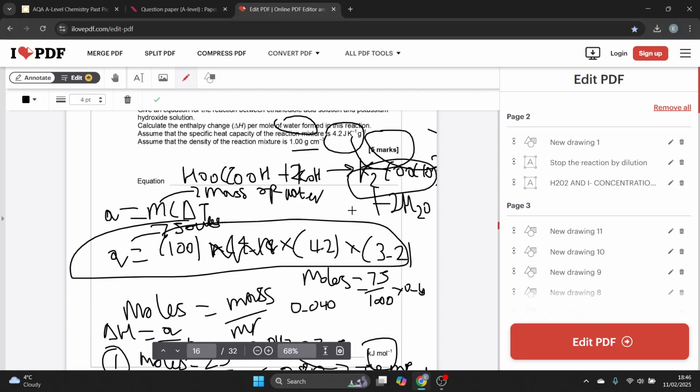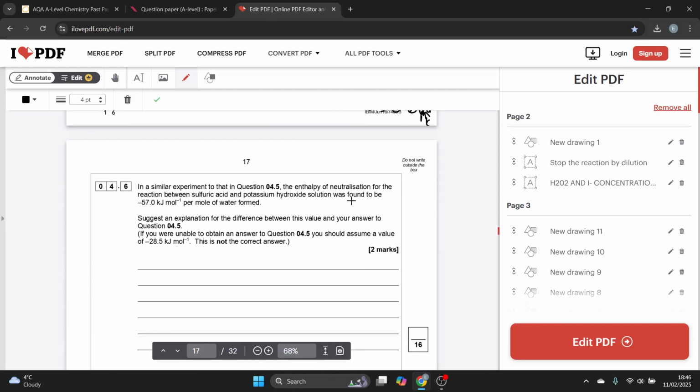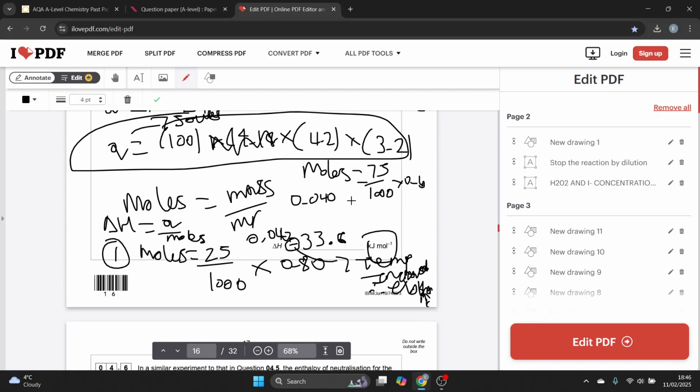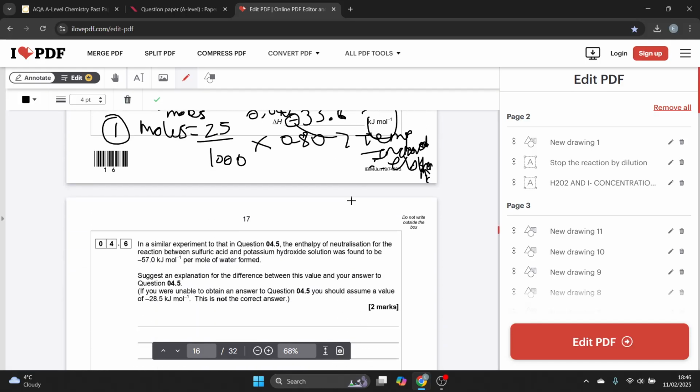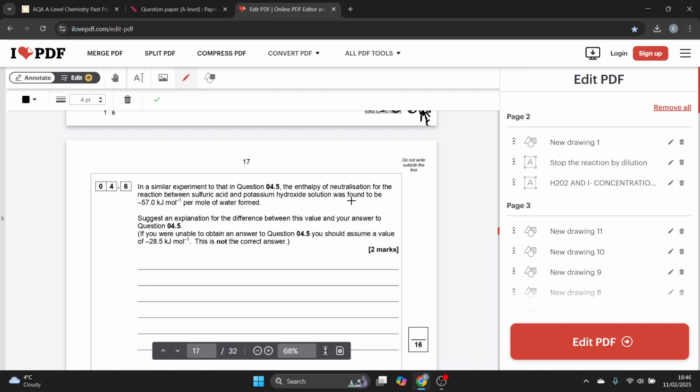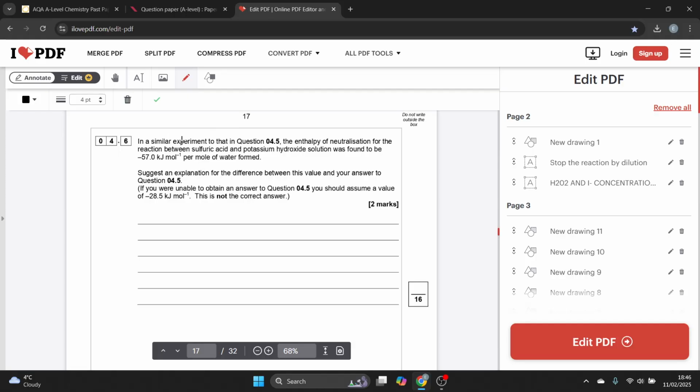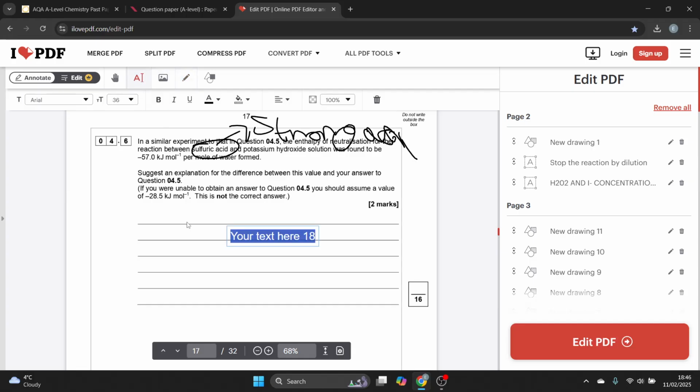So yeah. Now 4.6. In a similar experiment to that in question 4.5, the enthalpy of neutralization for the reaction between sulfuric acid and potassium hydroxide solution was found to be minus 57. I got minus 33.6. Suggest an explanation for the difference between this value and the answer to question 4.5. Sulfuric acid, what's sulfuric acid? That's a strong acid. And I was working with ethanedioic acid.